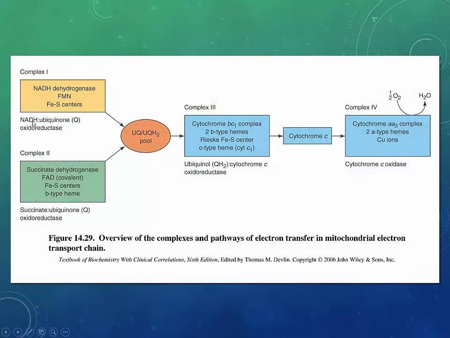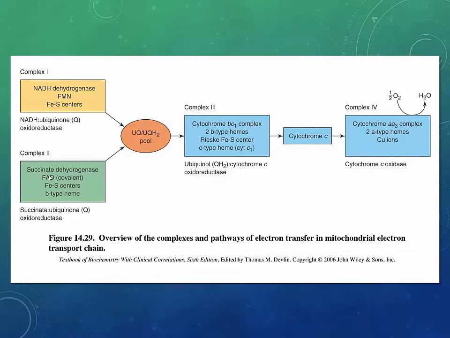Complex 1 is going to use as a substrate NADH. Its name is NADH ubiquinone oxidoreductase, so it's going to oxidize NADH and reduce ubiquinone. That's complex 1. Complex 2 is succinate dehydrogenase, which is literally the enzyme from the TCA cycle, by the way.